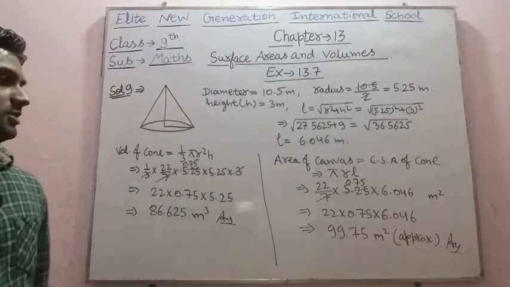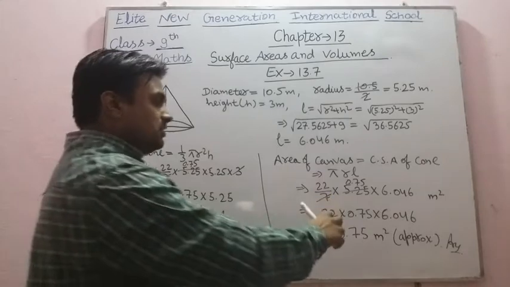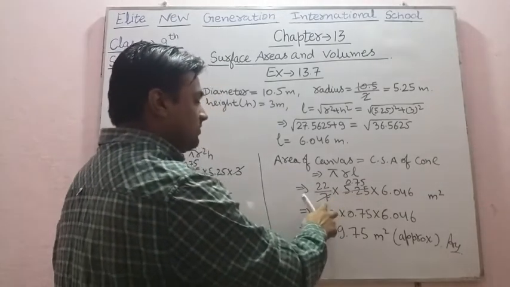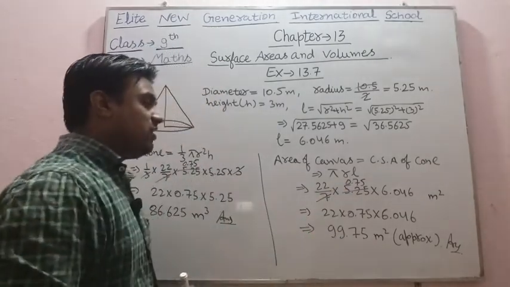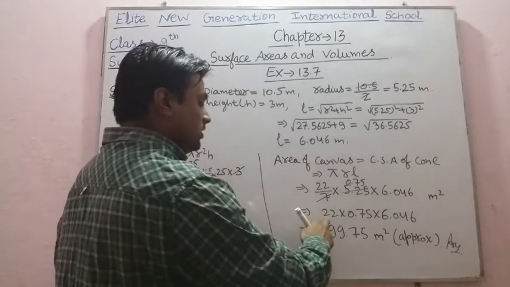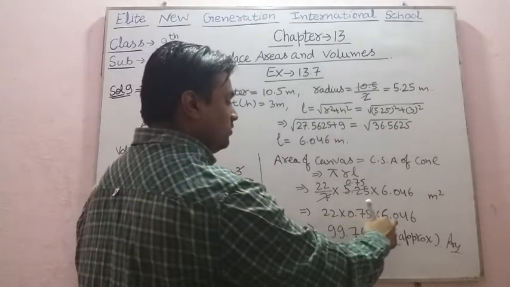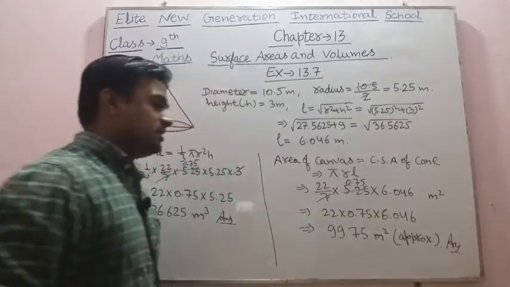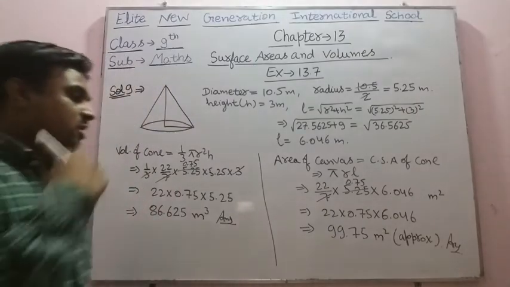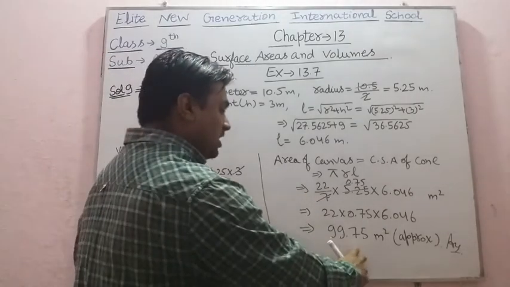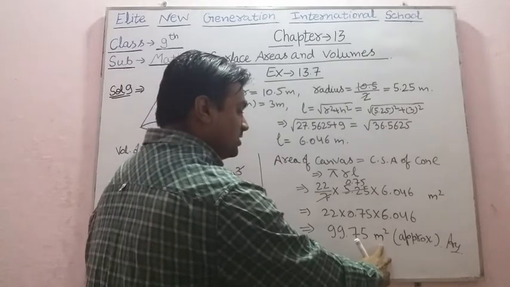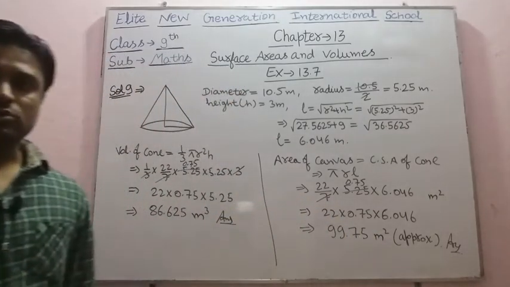It will be in meter square. Now solving it, this 5.25 will cancel by this 7, 0.75. Now multiplying them, 22 into 0.75 into 6.046, so by multiplying all of them, it will be approximately 99.75 meter square. So this is the answer.